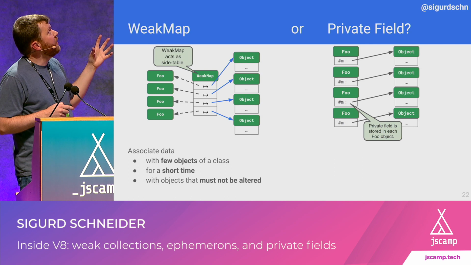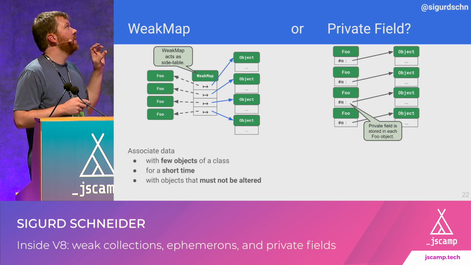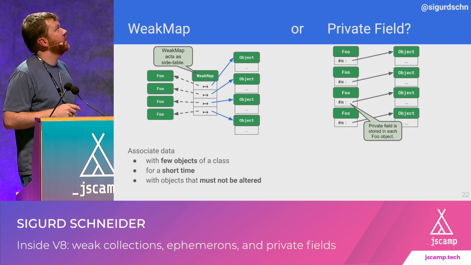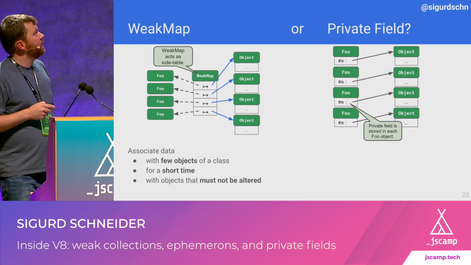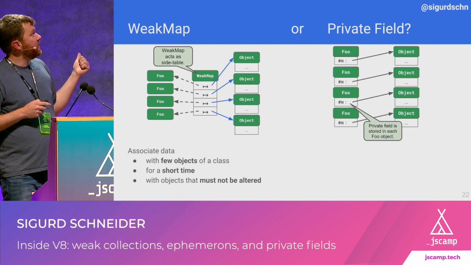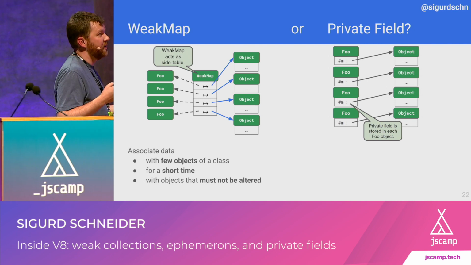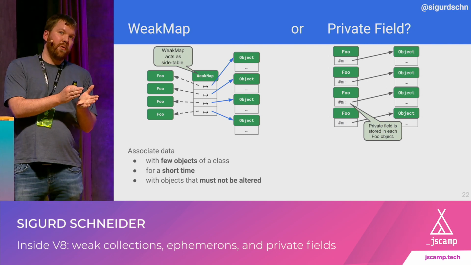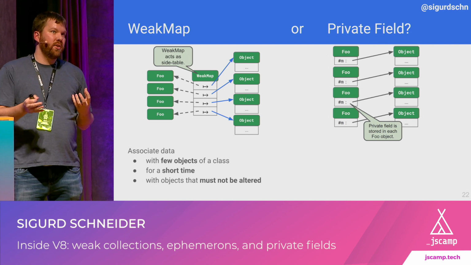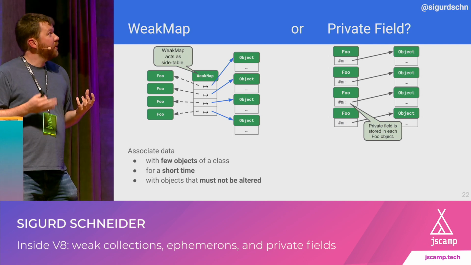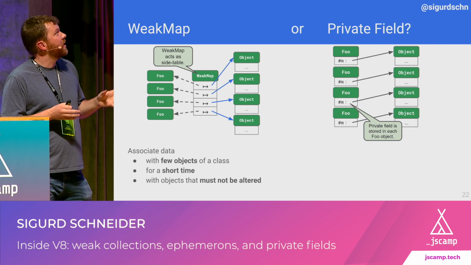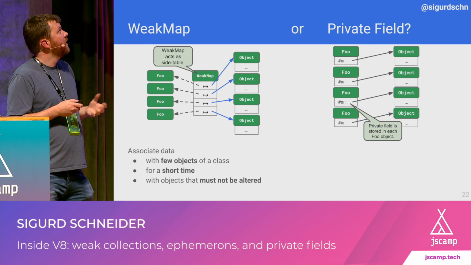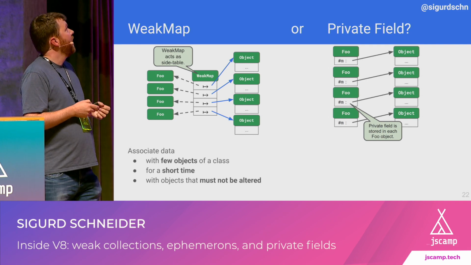The weak map has certain use cases, small use cases, I would say, where the weak map can really bring an improvement. The first is if you have a class and you know that a very, very small fraction of this class will need an additional field, then it can be a good idea to use a weak map for this particular field that only a small fraction of the objects of a class will need.